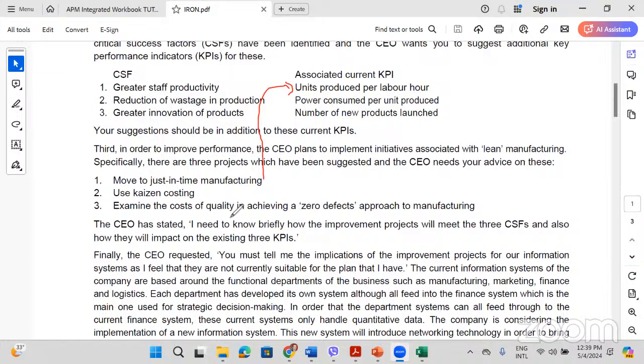Quality. But here you need to stick to cost of quality. Conformance, non-conformance.